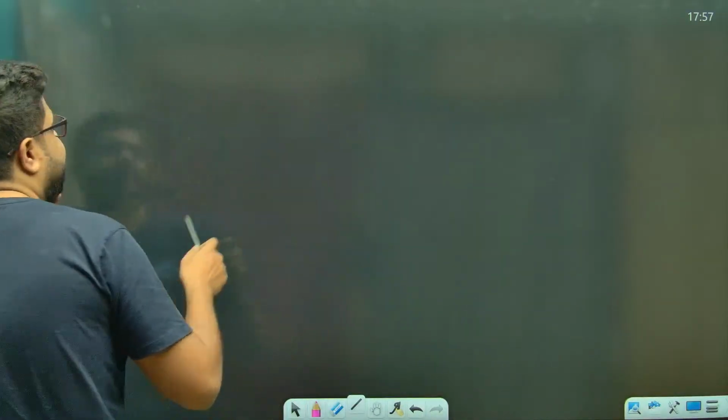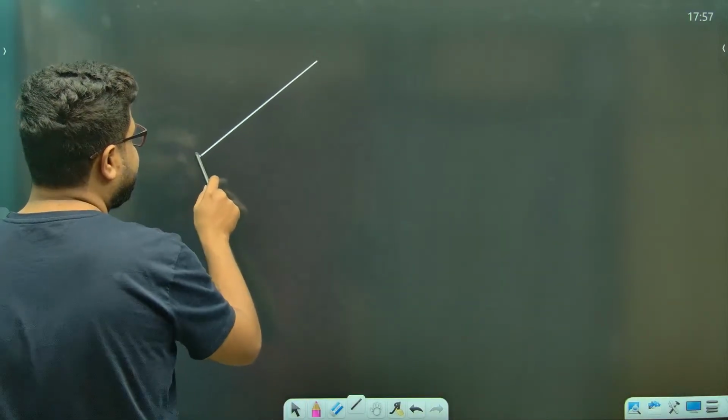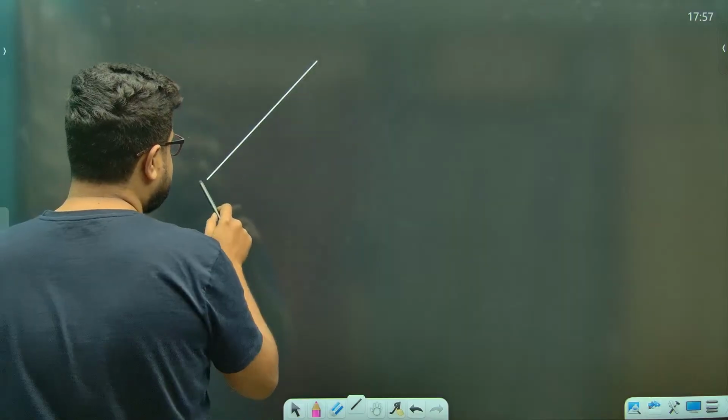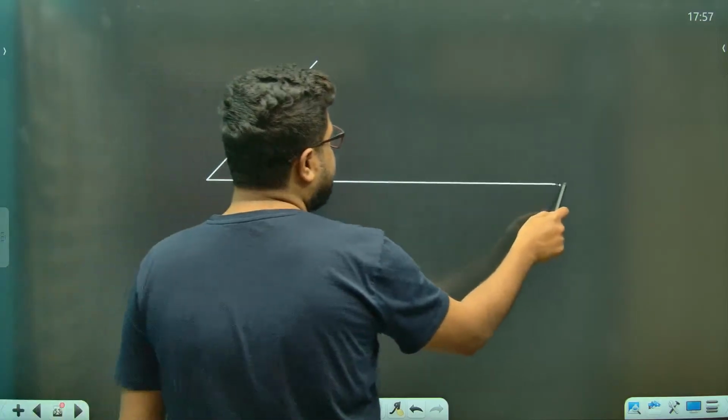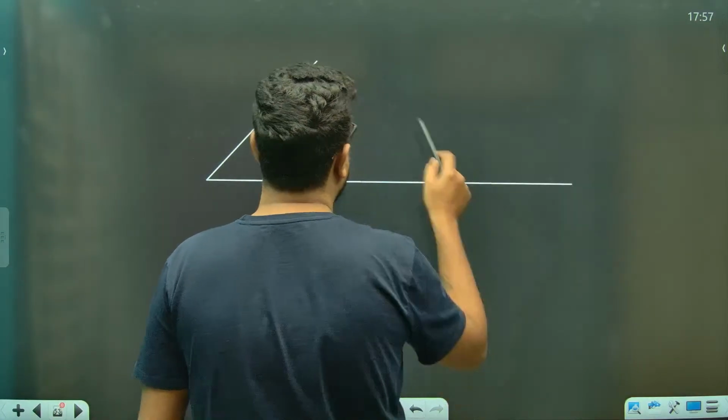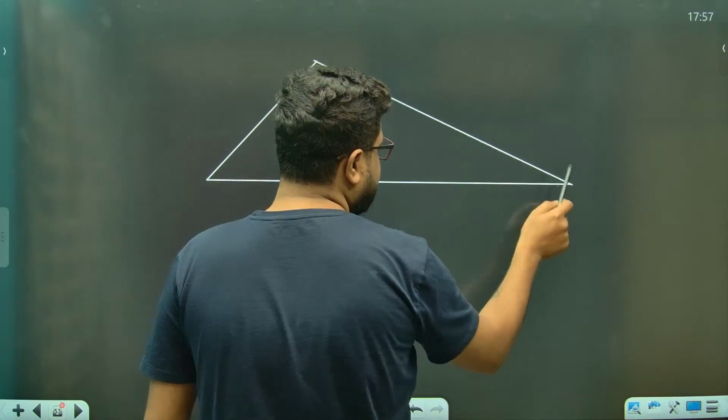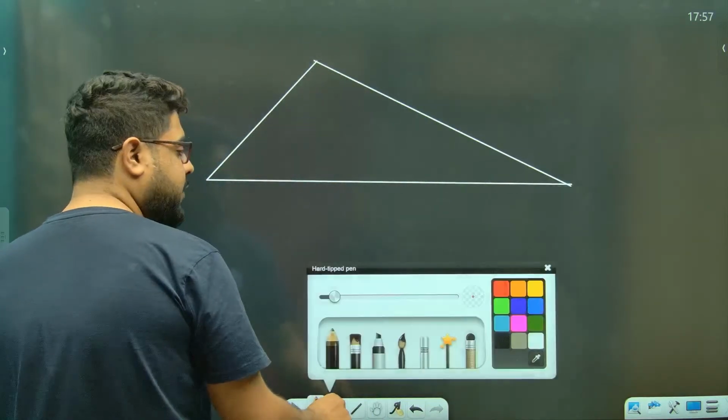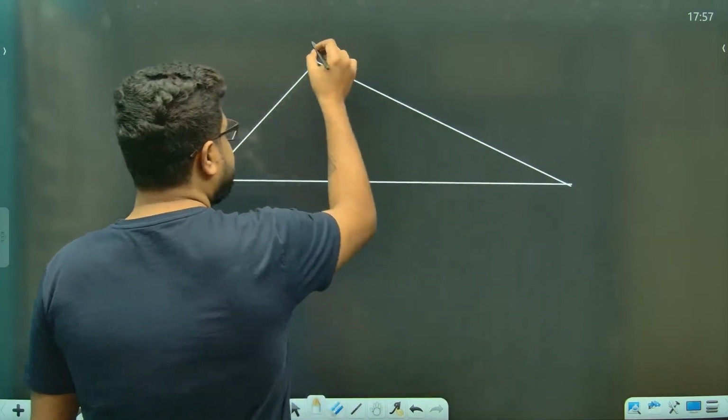So for that, a person called Apollonius came. Apollonius had given us one particular rule. He came after Pythagoras, okay?